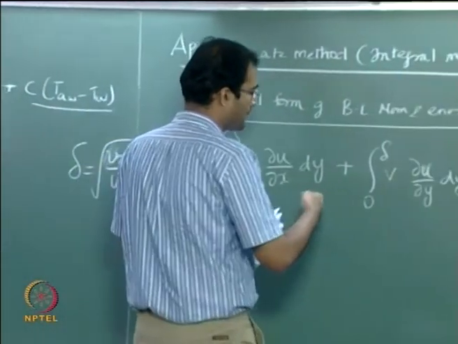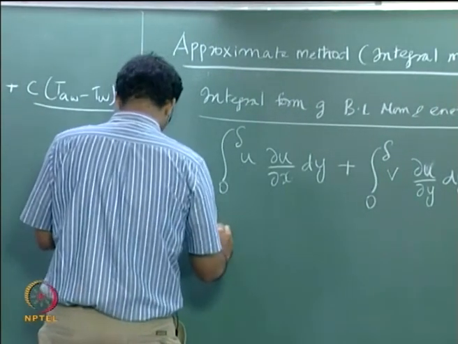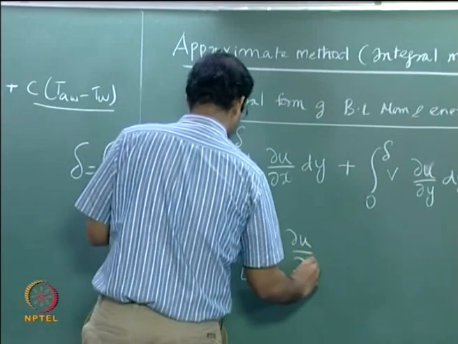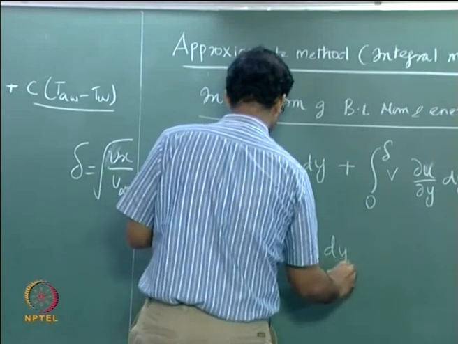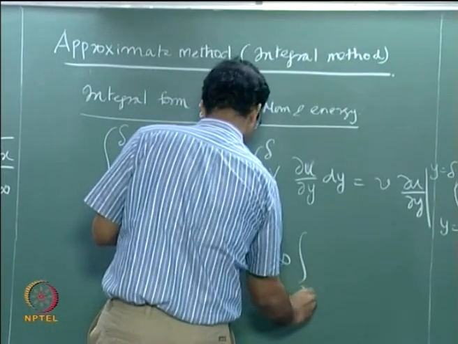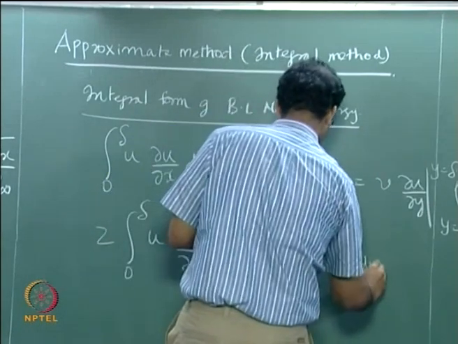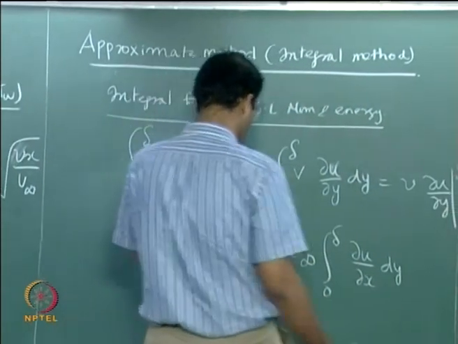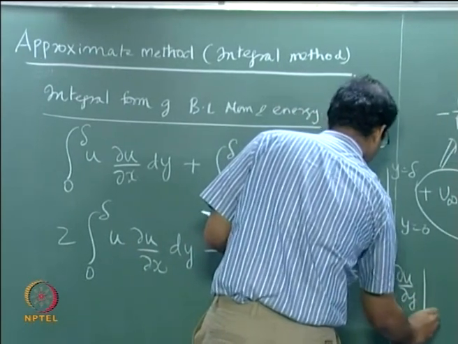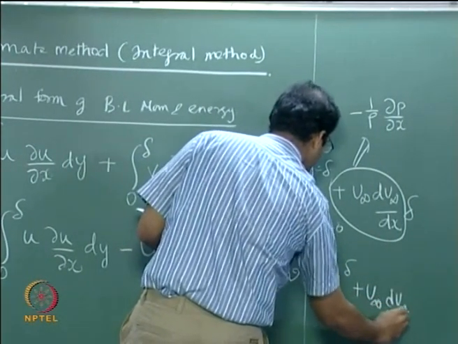After we broke this term, we integrated by parts, and then we used the continuity equation to make some approximations, and finally we arrived at this particular form: integral 0 to delta u du by dx, especially the left hand side, minus u infinity integral 0 to delta du by dx dy, is equal to nu du dy from 0 to delta plus u infinity du infinity by dx.